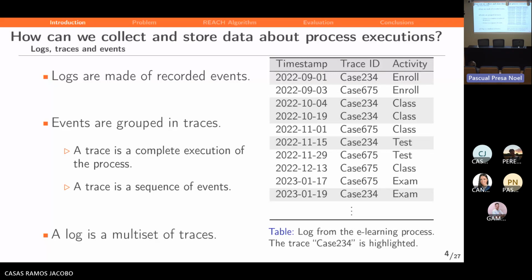Events are grouped into traces by the trace ID. Each trace is a complete execution of the process model. So, for example, the trace case 234, which is the one highlighted in gray, contains the activities enroll, class, test, and exam. That is the sequence of events that was performed in the trace.